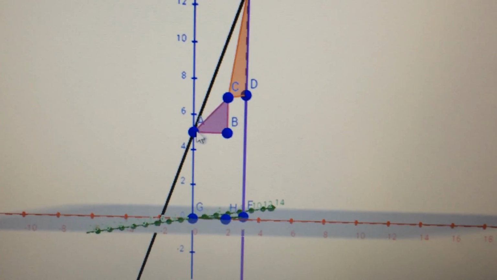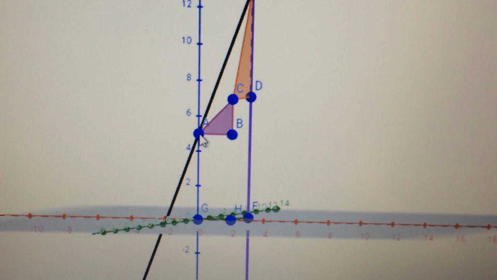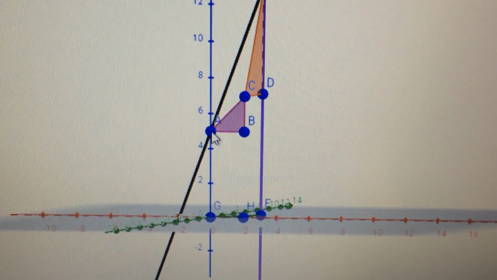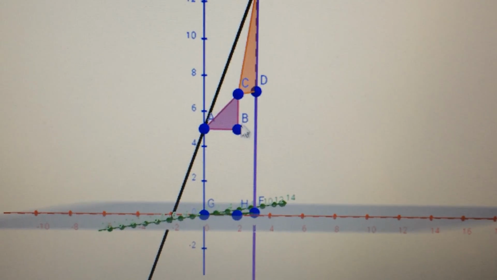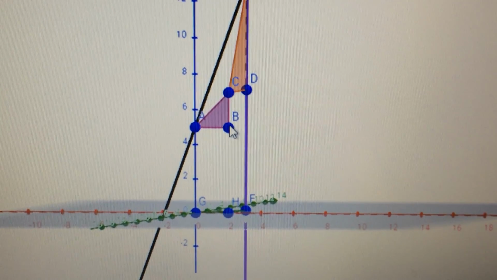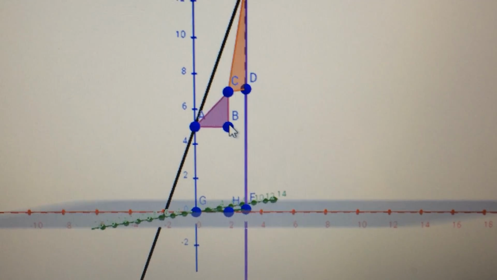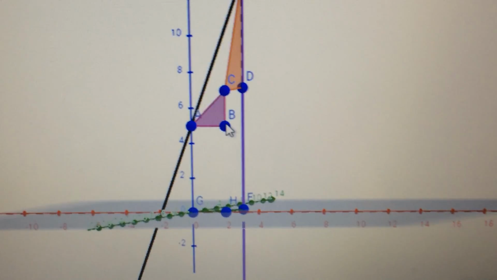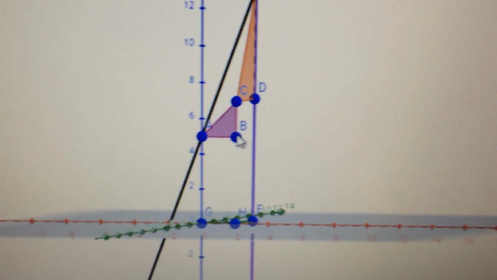So again, A is 0, 0, 5. That's my starting point. I'm going to take the x direction and apply a change of 2. So now my B value is going to be 2, 0, 5, because my x increased by the value of 2.